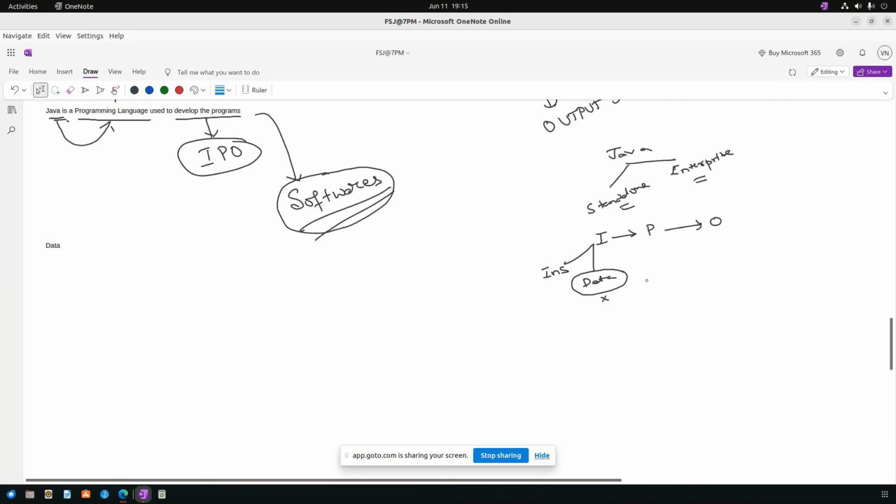Without data, I cannot work on the program. So data is very important.